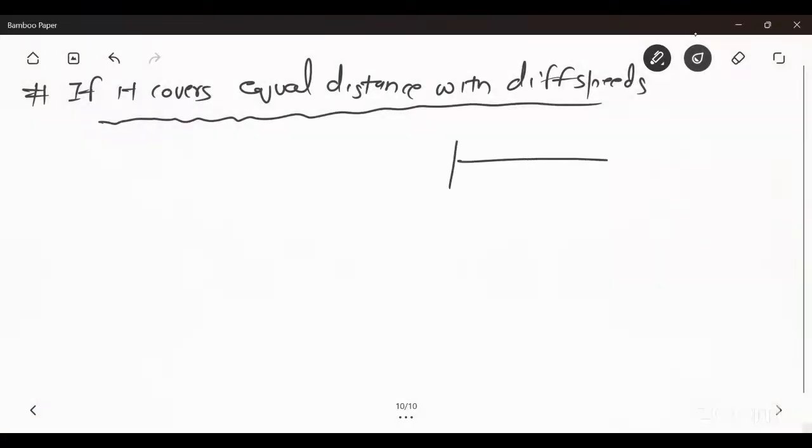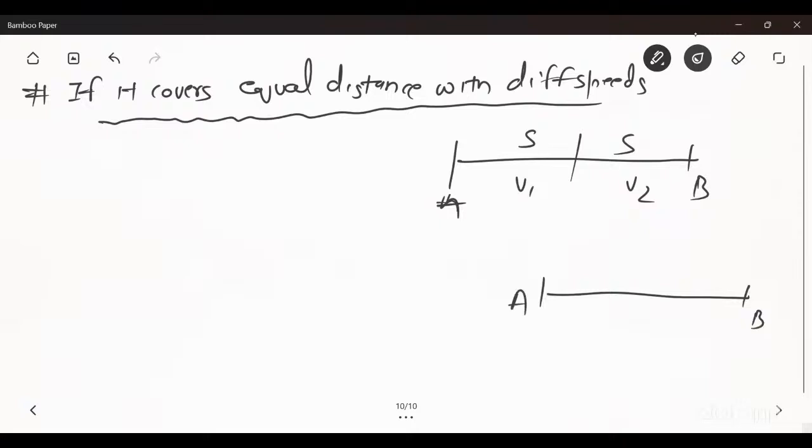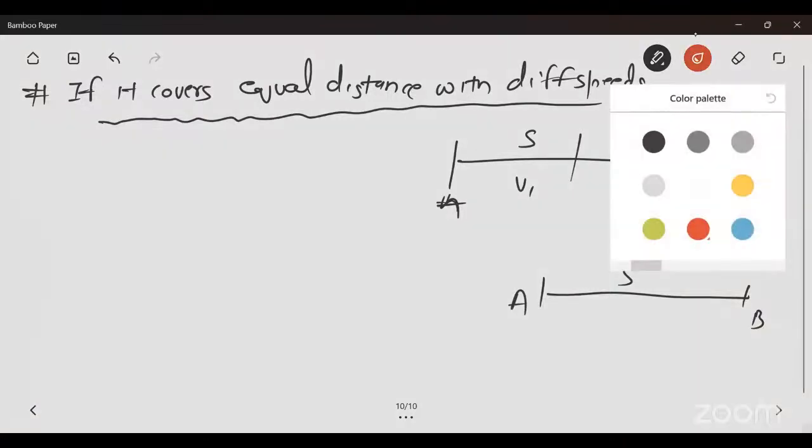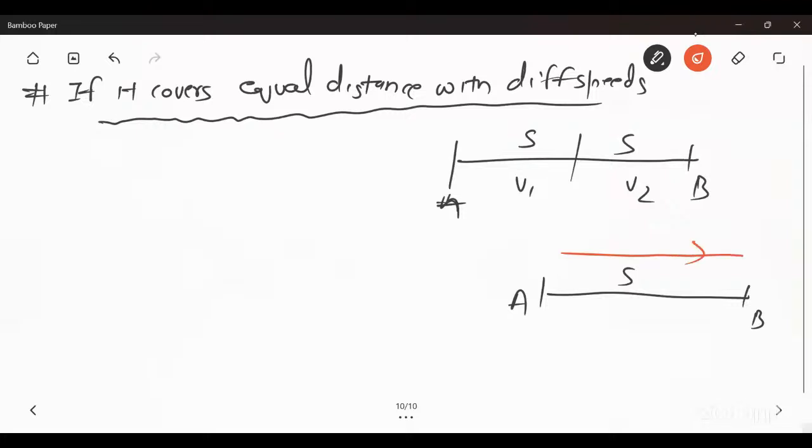Suppose there are two points, A and B. It covers S and S with speeds V1 and V2. The distance from A to B is S. Firstly it goes from A to B with speed V1, and then it returns from B to A with speed V2.